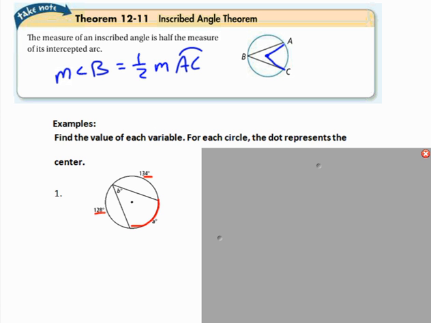Let's first find the arc measure, because I think we can do that. 128 plus 134 would equal 262, I believe. So these two together are 262. That looks really bad.